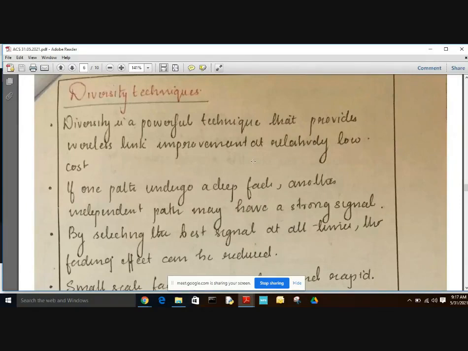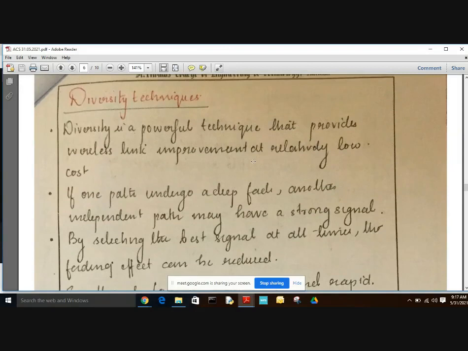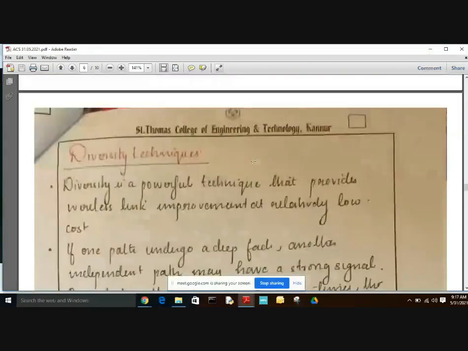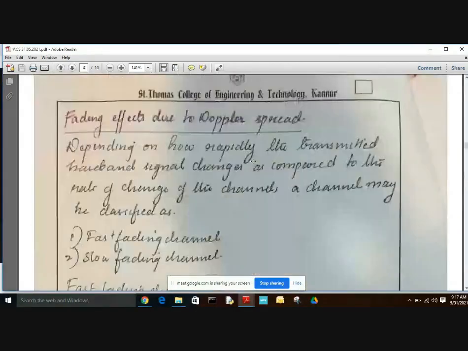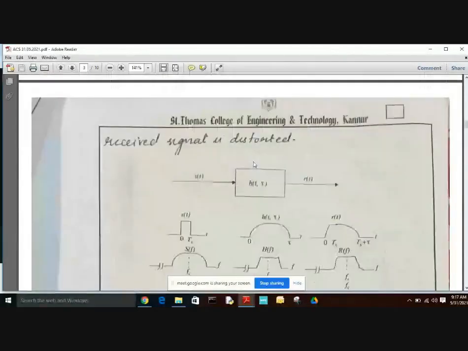So we have to select the signal from the path which does not have a deep fade. In the case of flat fading and frequency selective fading, frequency selective fading has a deep fade, and we can see that from the figure, which shows frequency selective fading.